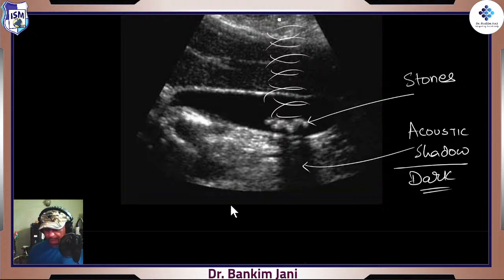The shadow of the stone, what you are watching behind, it is dark. Where is it bright? It is not at all bright. It is completely dark. See, this black, right?